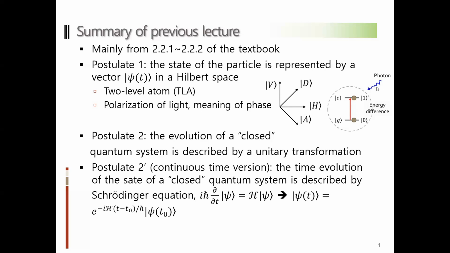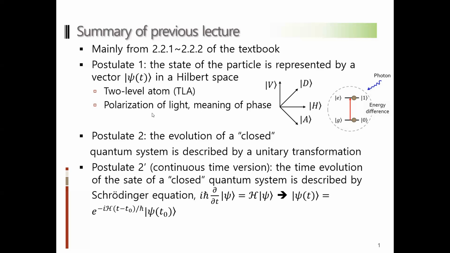What is important is not whether it is a photon or a microwave. What we really need to control is the frequency of those electromagnetic waves, and the frequency is basically related to the energy difference between these two energy levels.